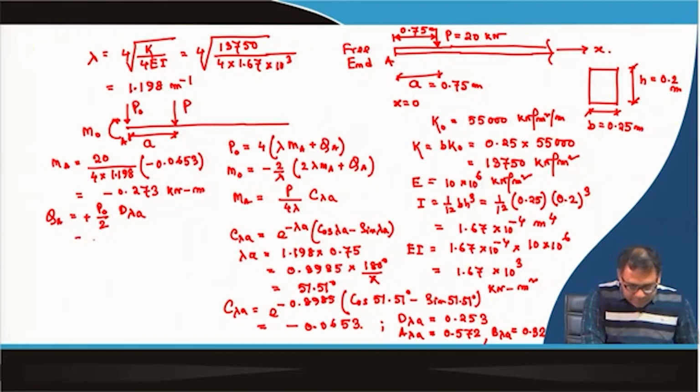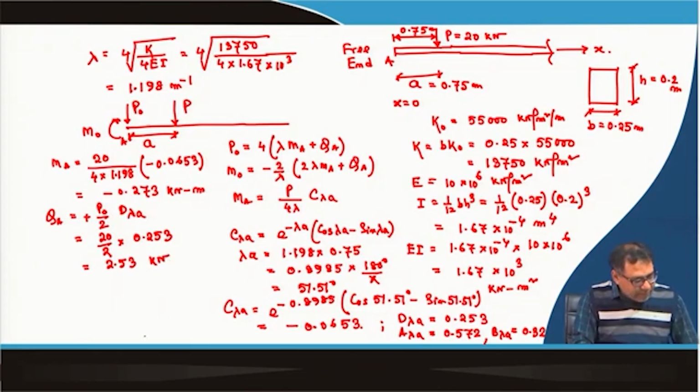So, it will be P0 is 20 divided by 2. Now, d lambda A, d lambda A is 0.253. So, 0.253. So, this value will be 2.53 kilonewton. Okay.